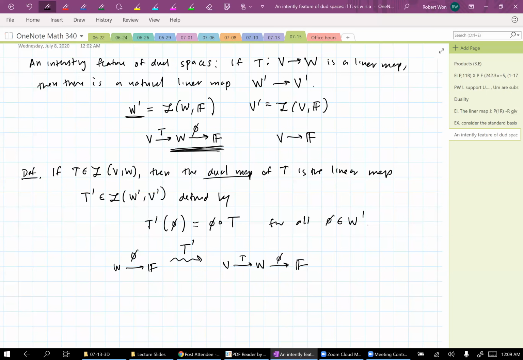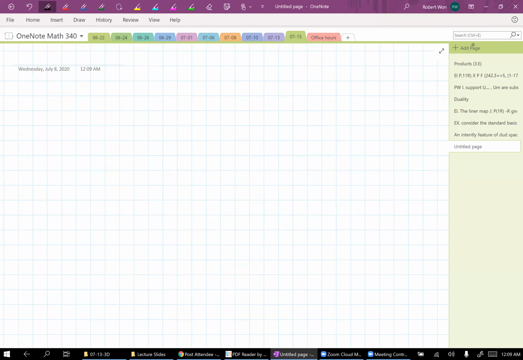So the last one we'll do today, let's look at some examples of dualizing some linear maps. For these examples, I'm going to want to reserve prime for differentiation, so I'm going to denote duals by using asterisks.